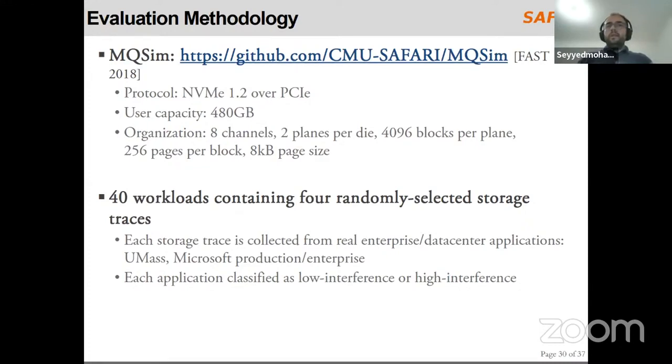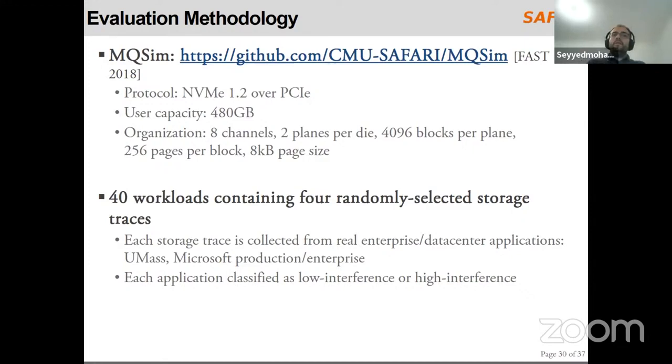For the organization of the SSD, we have 8 channels and 2 planes per die, 4,096 blocks per plane, 256 pages per block, and 8 kilobyte page size. Nowadays page sizes are usually 16 kilobytes, but since this paper was from 2018, the configuration is a bit outdated.